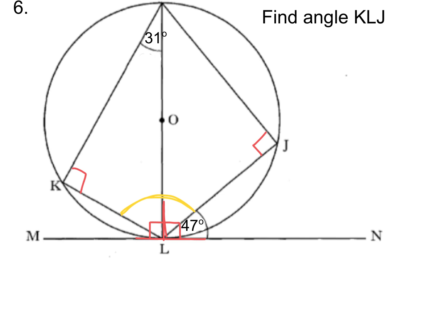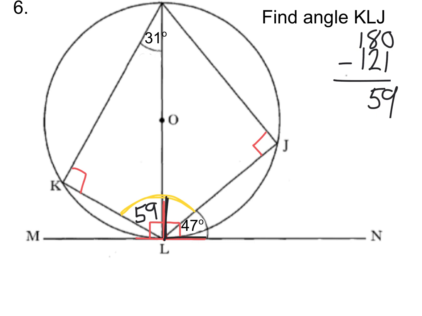So if I start with the left hand side, 90 add 31 is 121. Take that away from 180, I have 59. So this angle here is 59. Now this one on the other side of the 59, I'm going to use the fact that this is 90 down here. So I'm just going to do 90 take away 47, which is 43.